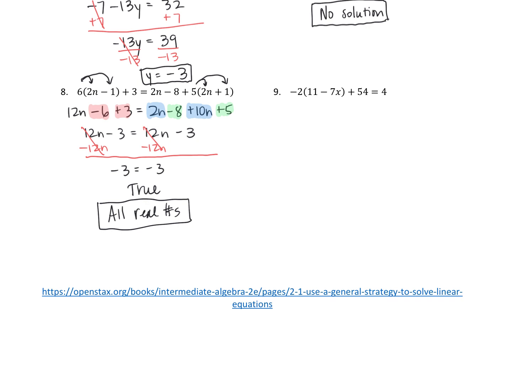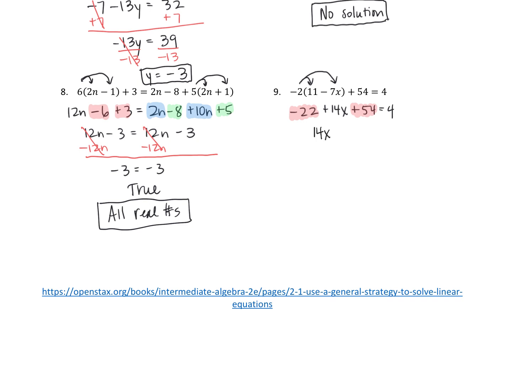All right, number 9. Let's distribute the negative 2. So we have negative 22 plus 14x plus 54 equals 4. On the left-hand side, we have negative 22 and 54. Those are both constants, so we can combine those together. So negative 22 plus 54 is equal to 32.